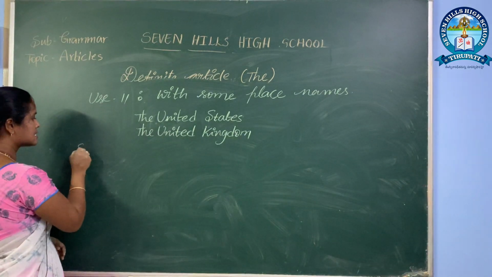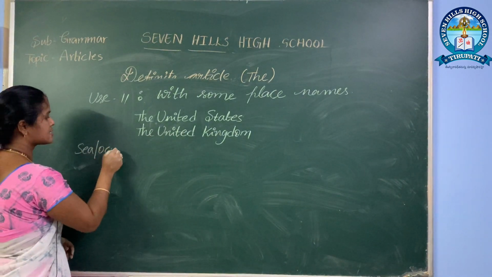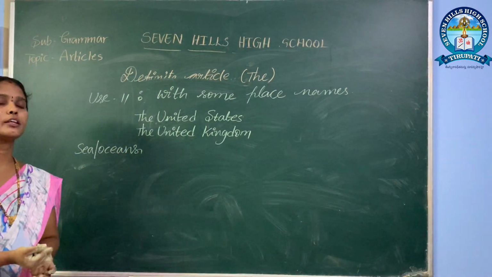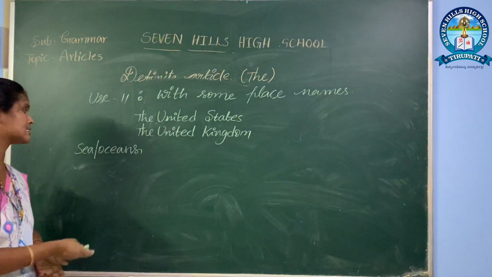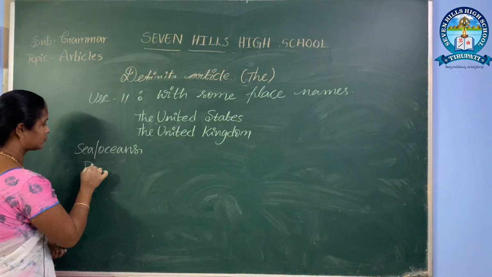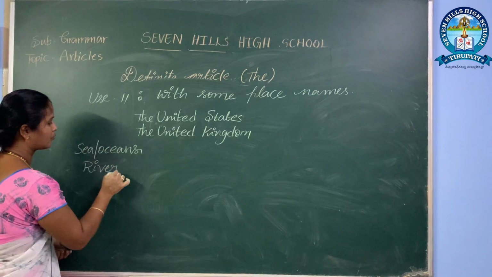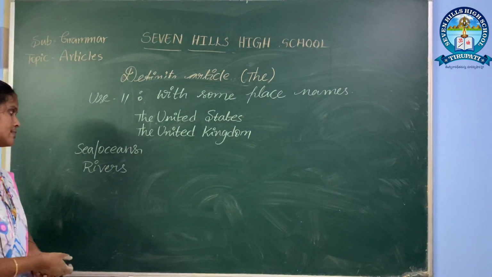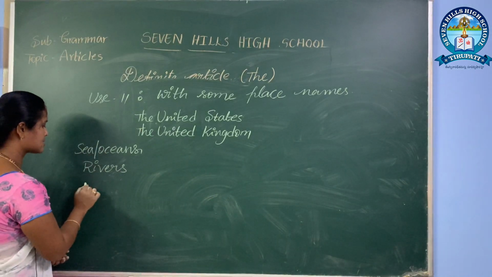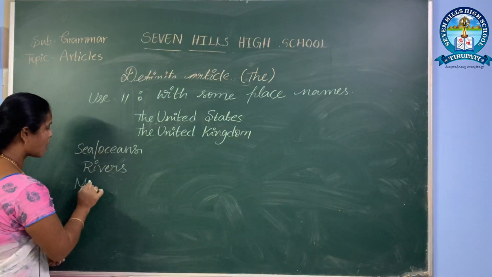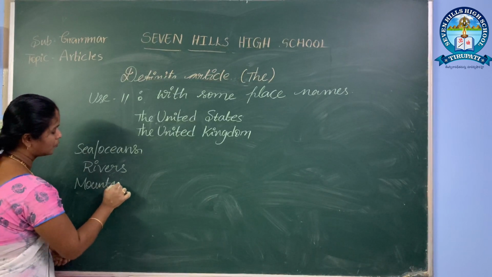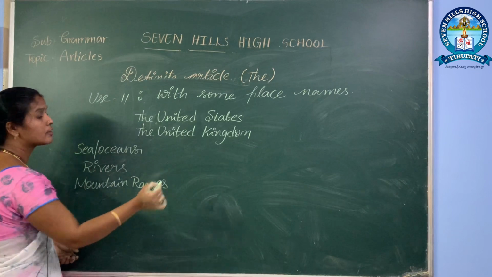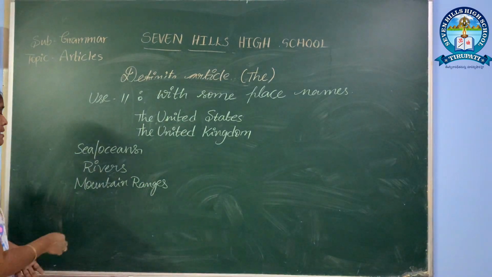Suppose seas or oceans. We can say the Bay of Bengal, the Pacific Ocean, like this. Rivers, the Nile or the Ganges, etc. And next, mountain ranges. The Himalayas, the best example is.